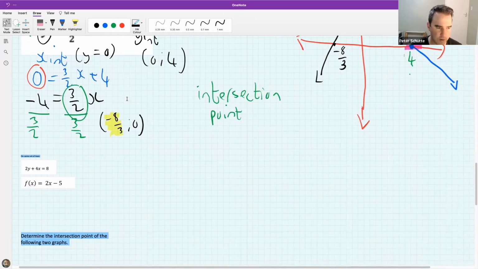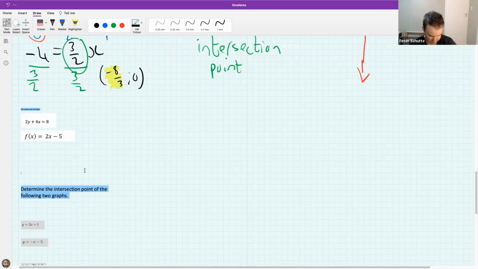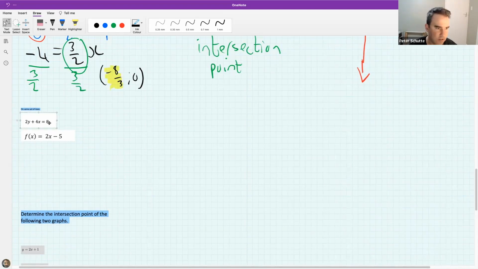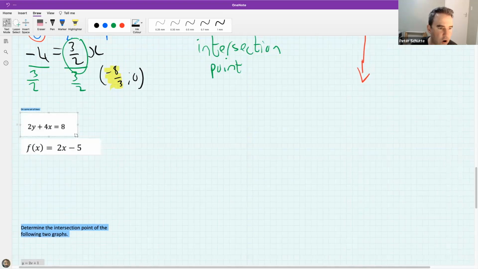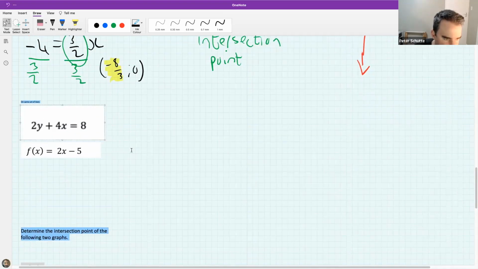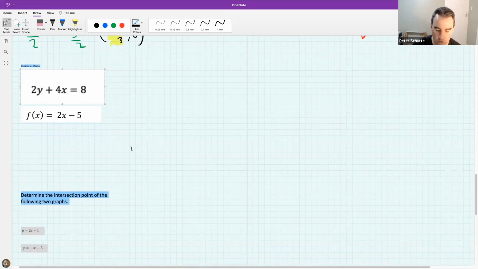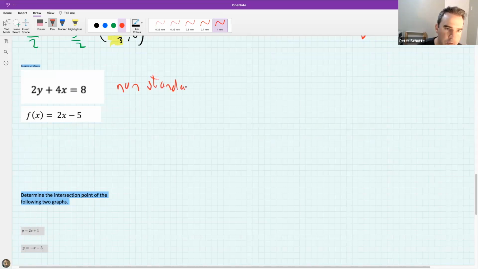Okay, next question. Now, what I want us to do next is basically draw graphs of these two straight line graphs. And these are still straight line graphs. This one is in non-standard form. So it's a straight line, but it's in non-standard form because it's not written y equals something. And the second one is what we call f of x notation.